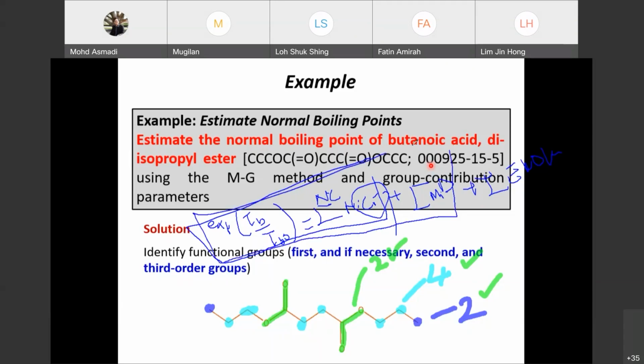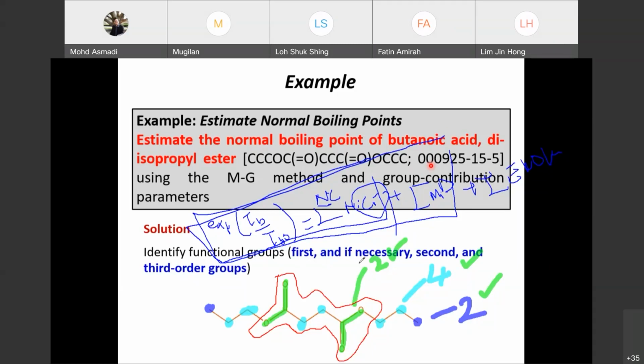For example, for second order here, which one do you want to use? You choose this one, OCOCH3 and CH2CH2COO, and define this as a second order group, only one.